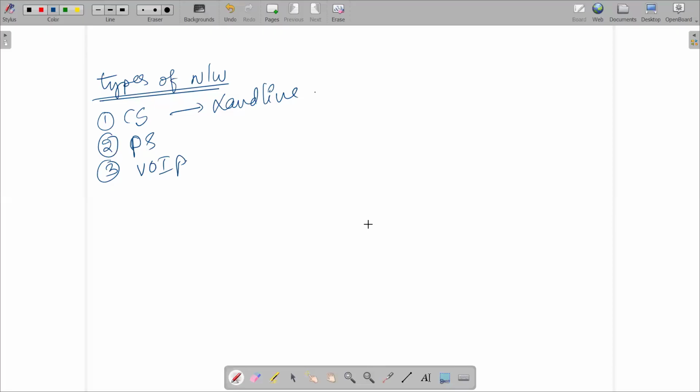Right. So VoIP network, and we have seen CS network example, a landline for wired, and we also seen GSM in wireless. Right. So how CS mechanism works.